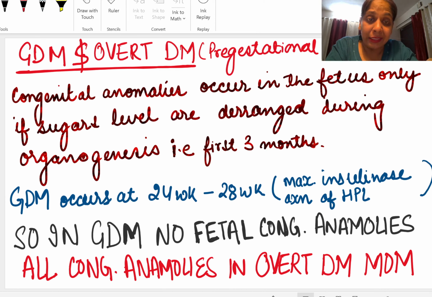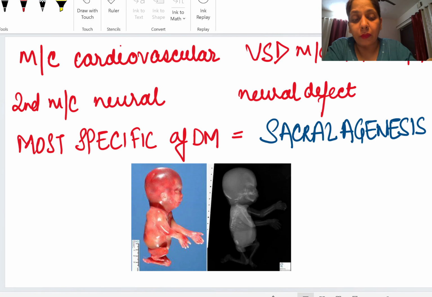All the congenital anomalies, which we will discuss later, will occur only in the mother with overt diabetes mellitus. So that was about whether congenital anomalies occur in gestational or pre-gestational diabetes mellitus: only in pre-gestational diabetes mellitus.